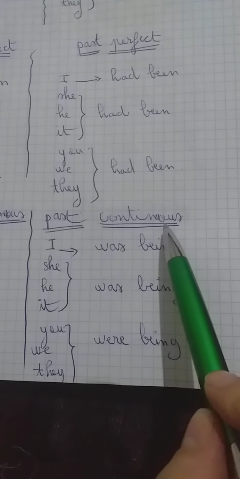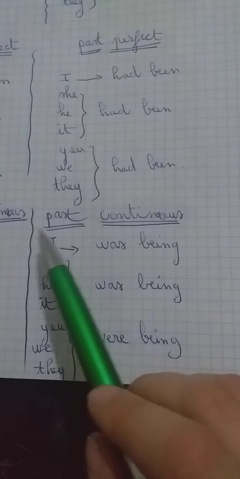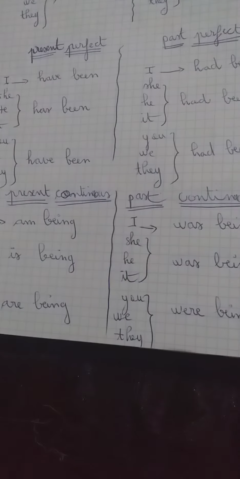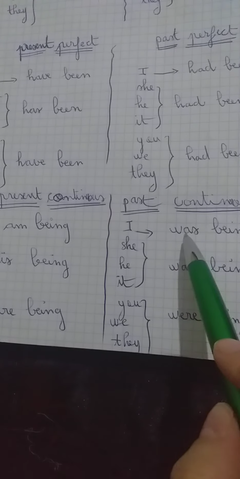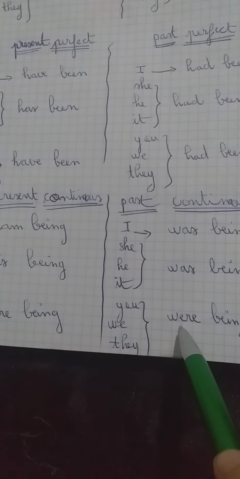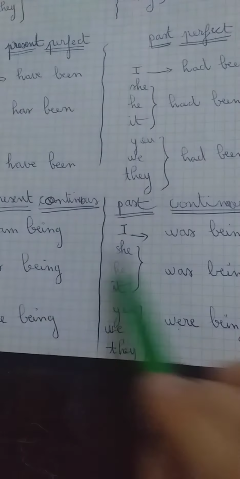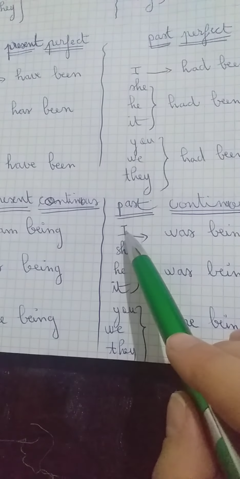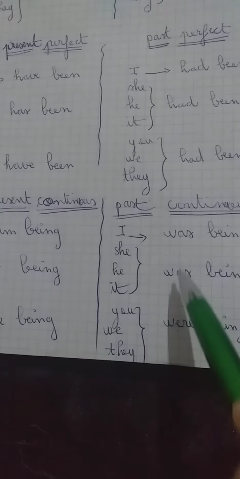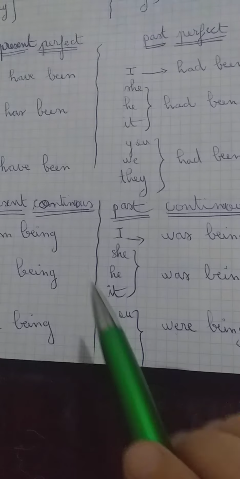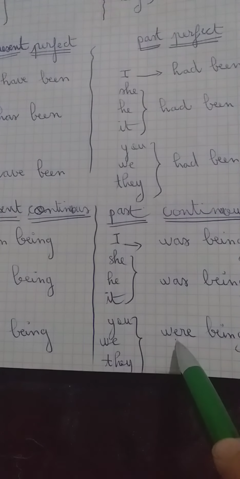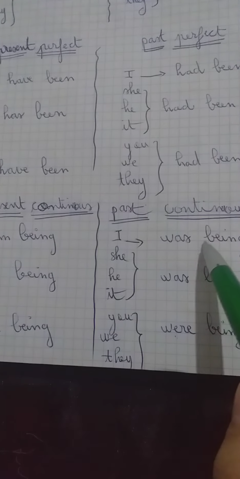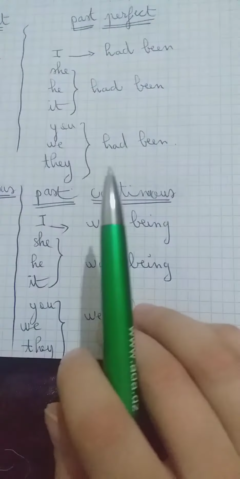Past continuous. The same rule, but we will conjugate to be in past simple. So to be with the singular personal pronoun is was, and with the plural personal pronouns is were, plus be plus ing.